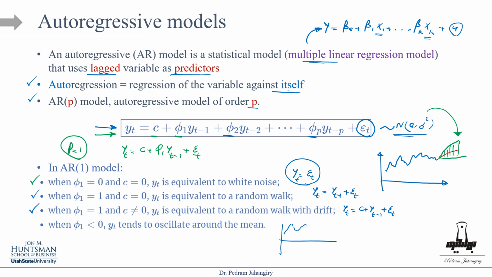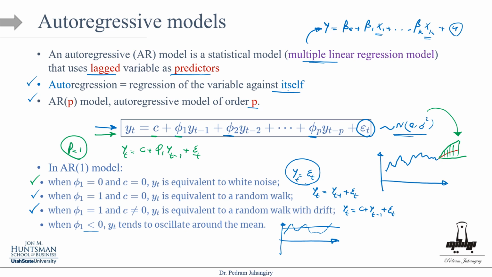I'm trying to come up with some random time series here, and you will see why the AR component is exactly able to model something like this. But again, if your phi is less than 0, your yt is going to oscillate around the mean.